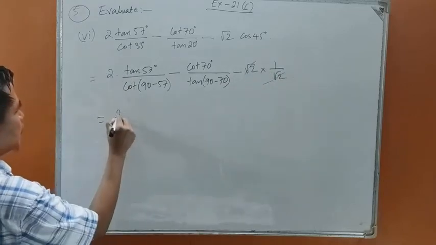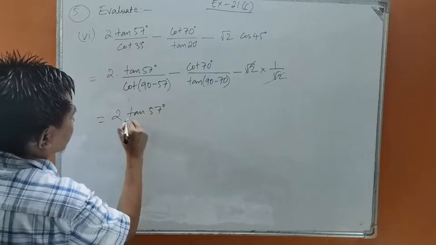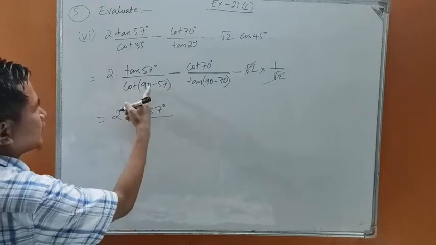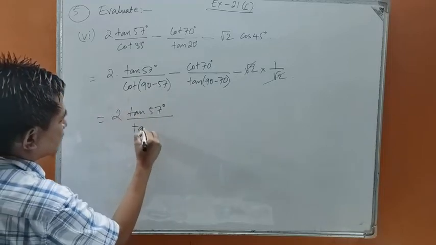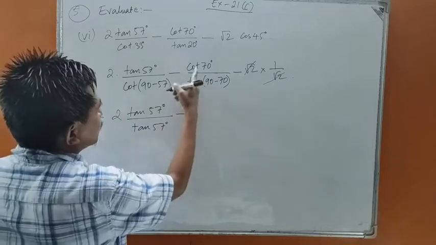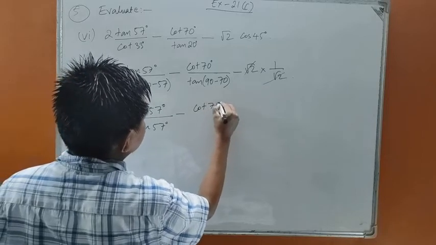Now we have 2 tan 57 degree, and in the denominator we have cot 90 minus theta. Cot 90 minus theta is tan theta, tan 57 degree, minus cot 70, I write as it is, cot 70 degree.